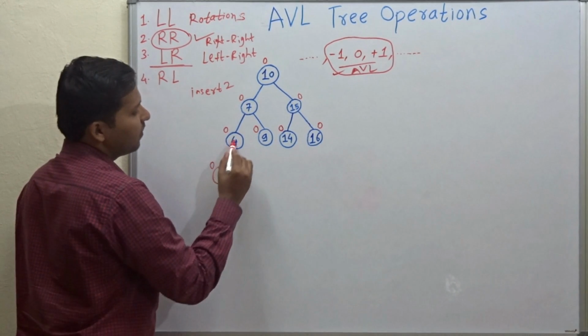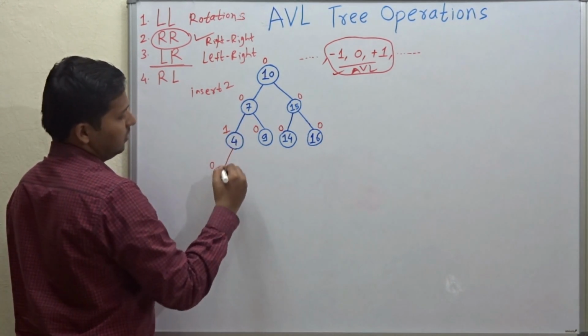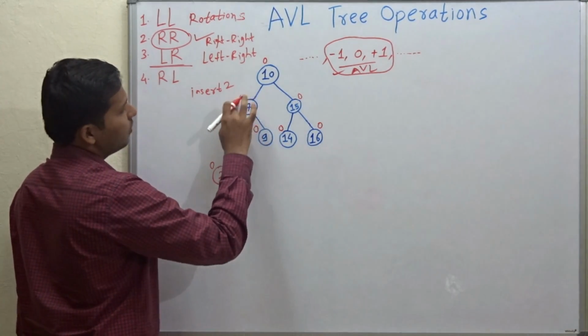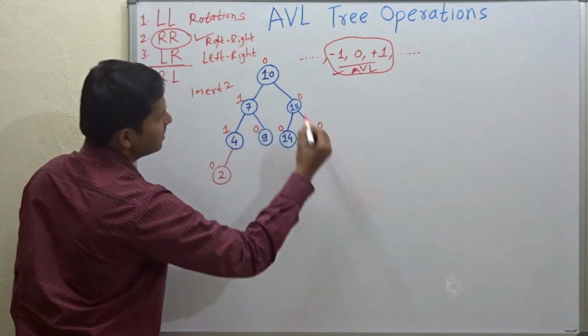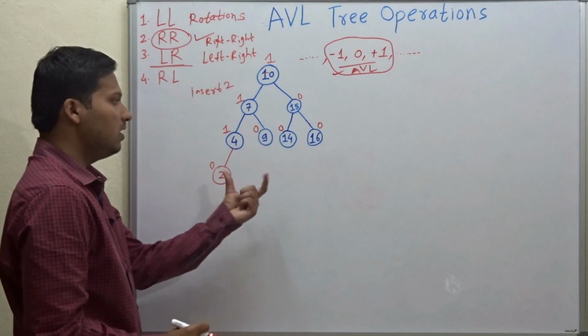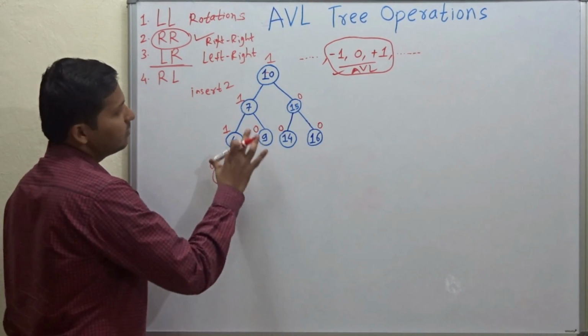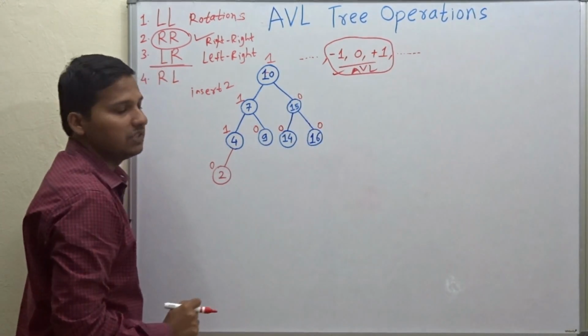For 4 it is 1 minus 0. So that is 1. 2 minus 1. So for 7 it is 1. For 10 it is 3 minus 2. So that is 1. Okay. Still this is an AVL tree because the balance factors are in minus 1, 0 or plus 1.